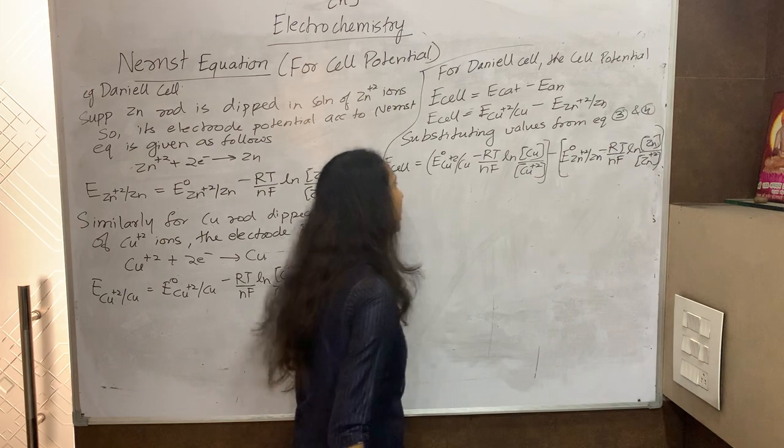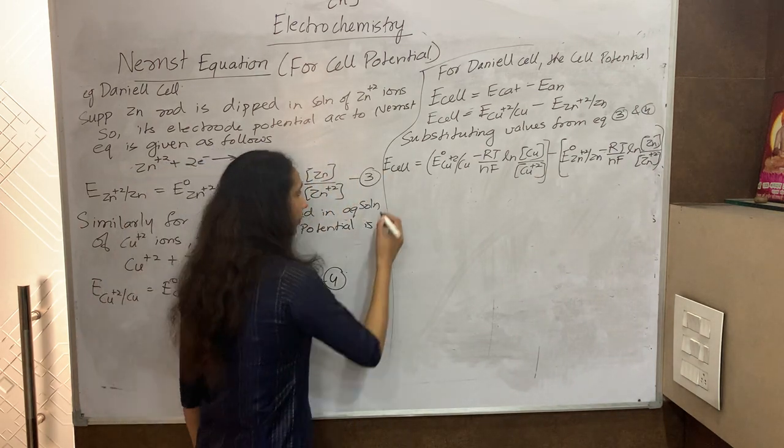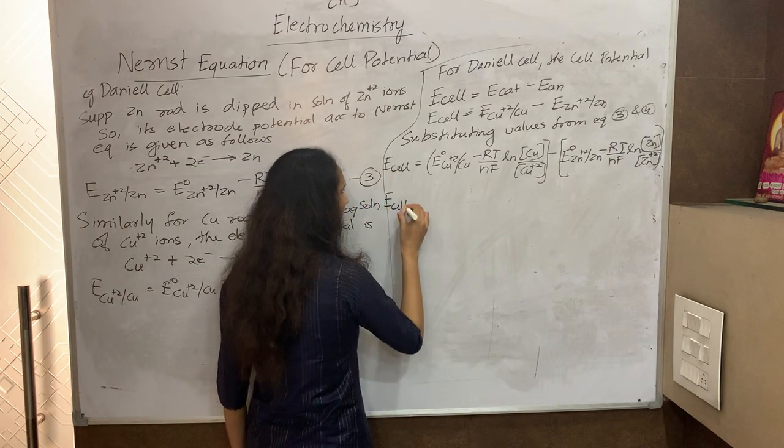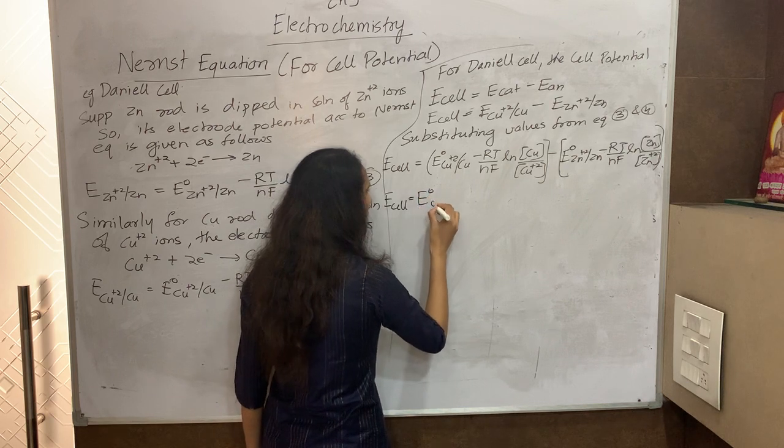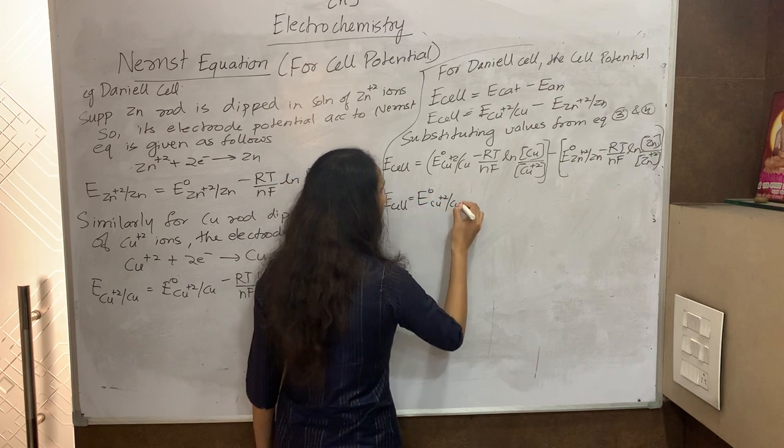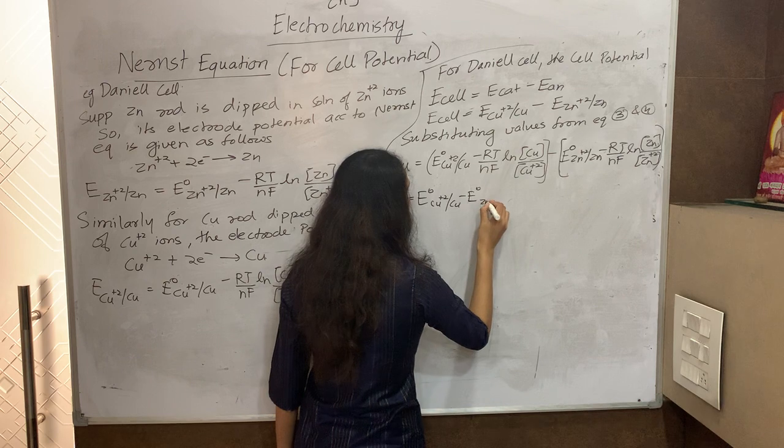I have just substituted the values. Now I take E naught cell together. So I can write E naught copper minus E naught zinc.